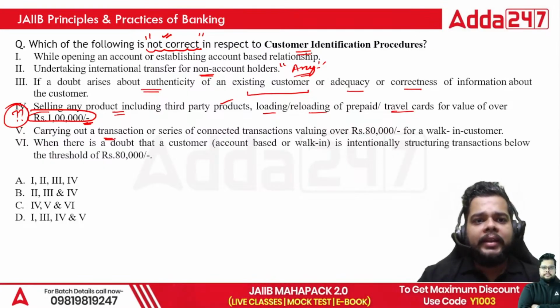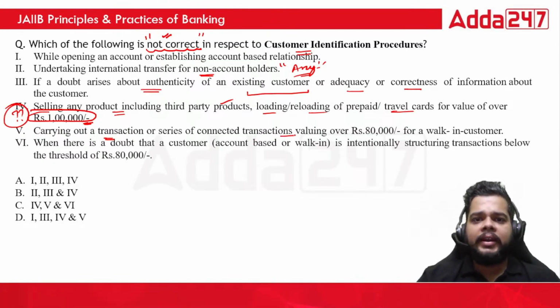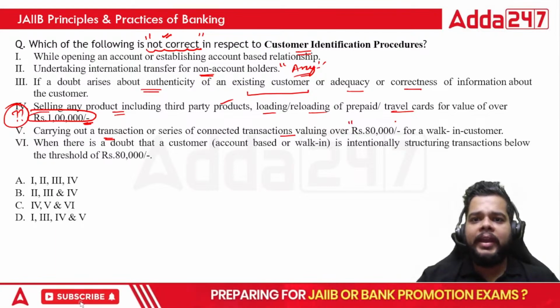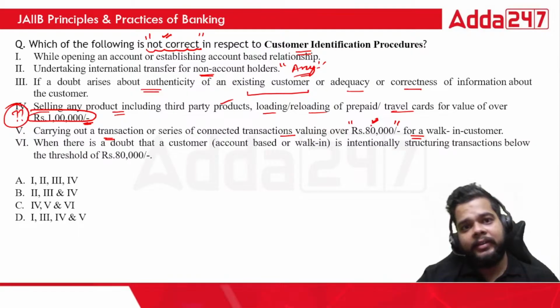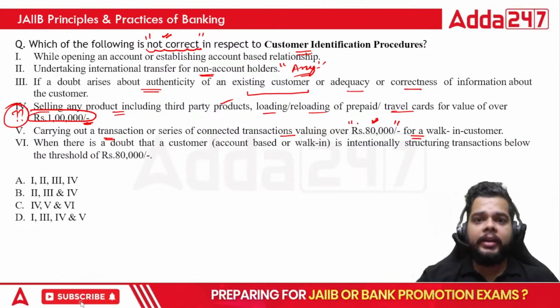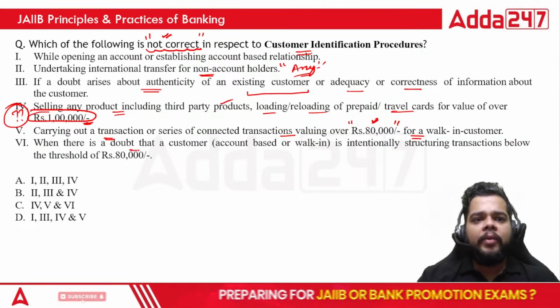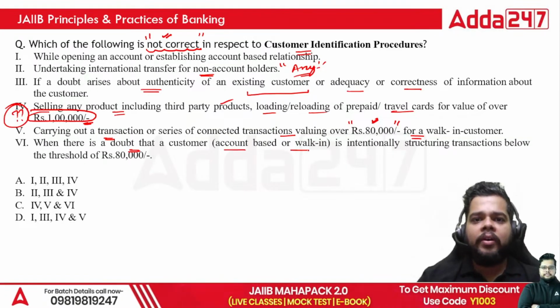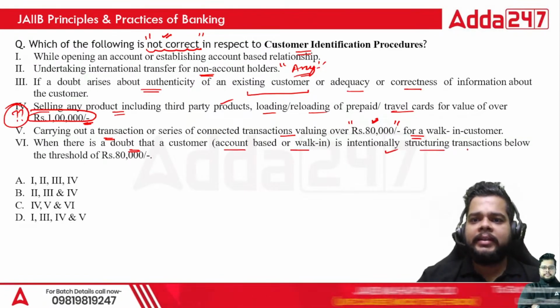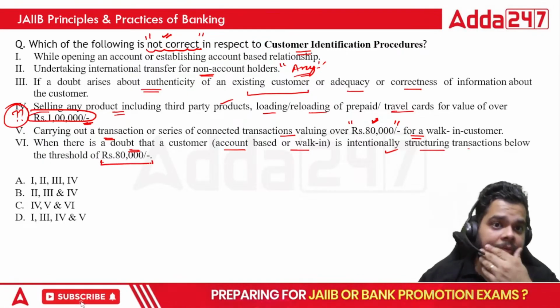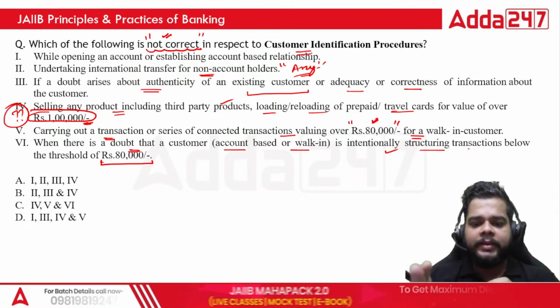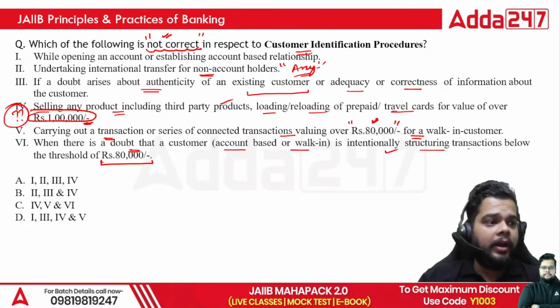Carrying out a transaction or series of connected transactions valuing over 80,000 for a walk-in customer, whether you need to have the limit of 80,000 set or not, or whether it is less than 80,000 or beyond 80,000. When there is a doubt that a customer, account based or walk-in, is intentionally structuring the transactions below the threshold of rupees 80,000. So which of the following is incorrect as per the CIP, which we have just looked at now?